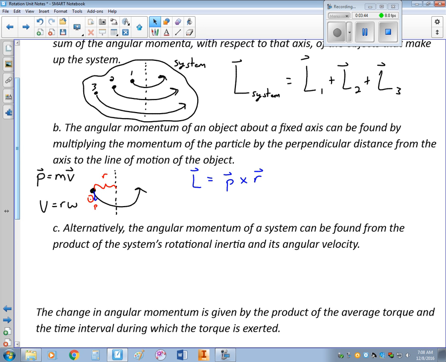To get the magnitude, what I could do is plug in mv for my linear momentum, and then plug in v equals r times omega.